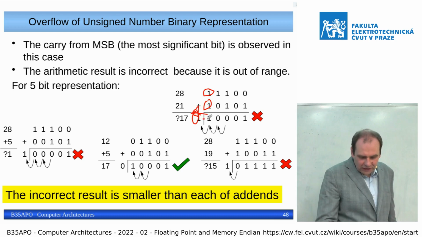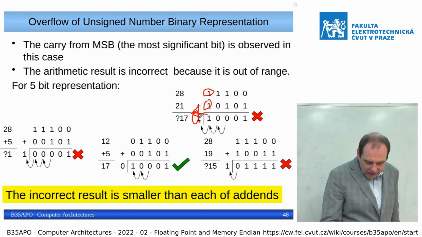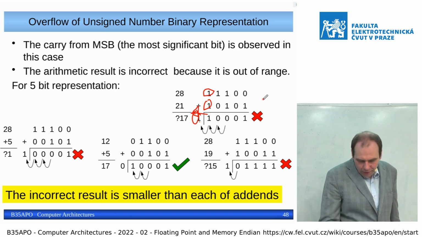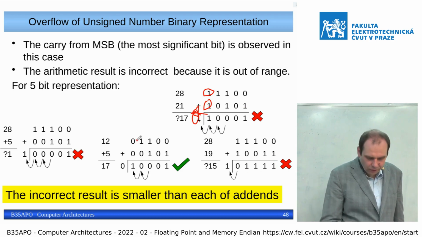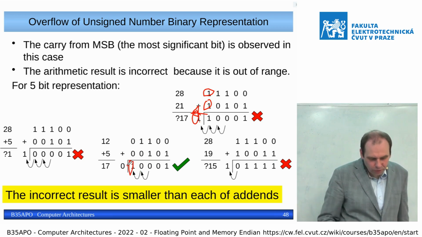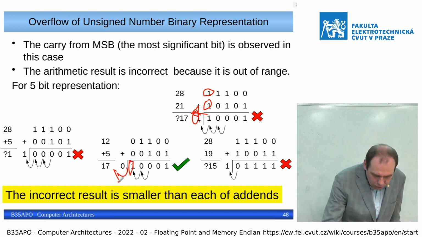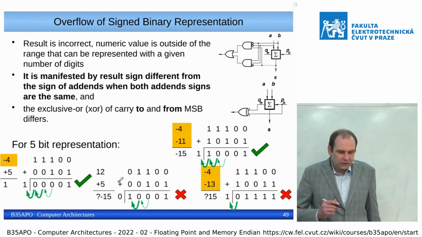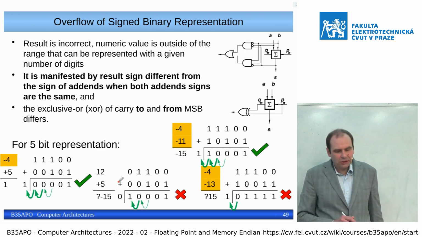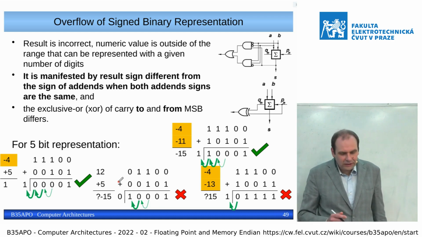So in this case, we see that there is a carry out of our 5-bit representation, so it is overflow. Only in this case, when there is a carry to the most significant bit, but not out of it, it is not an overflow. For the signed representation, we know that the sum of two positive numbers cannot be a negative number.